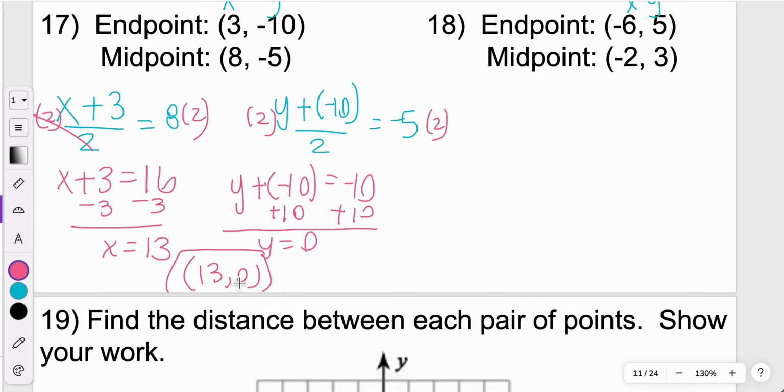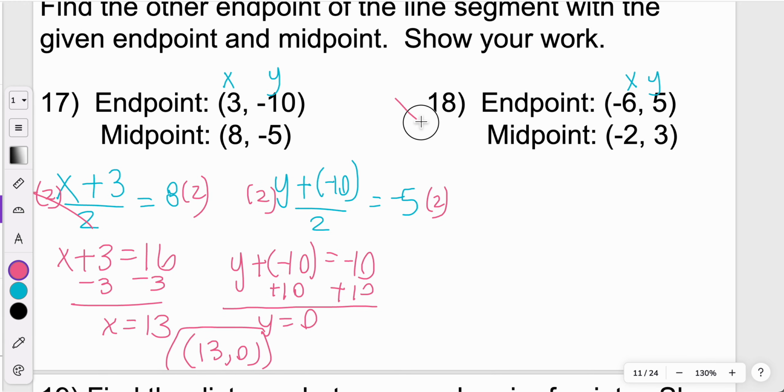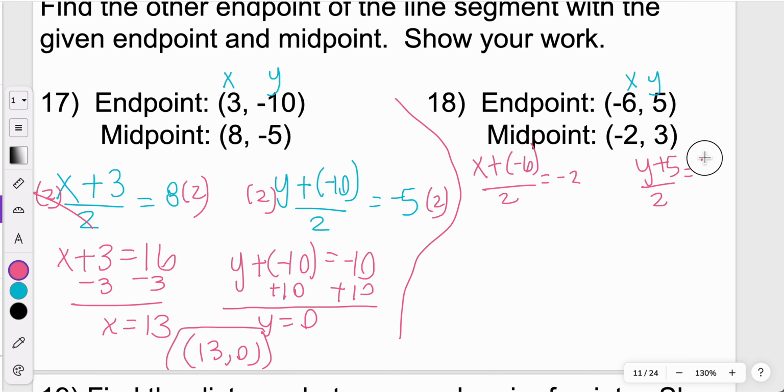And then for my next one, I'm working on it the same way. Again, I don't know one x endpoint, but I know the other one is negative 6. So x plus negative 6 divided by 2 is equal to negative 2. And for my y's, y plus 5 divided by 2 is equal to 3.